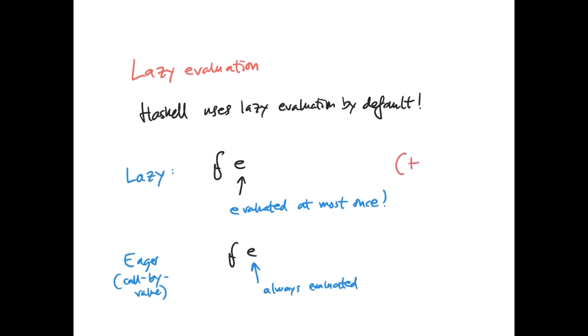Now Haskell, as I've just said, uses lazy evaluation, whereas the languages of the ML family, SML, OCaml, and F# use eager evaluation. And that's one of the major differences between these two otherwise fairly similar languages.